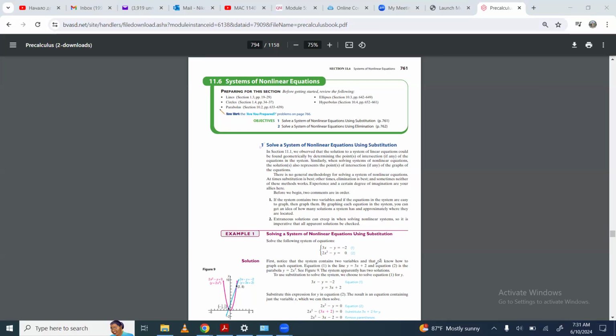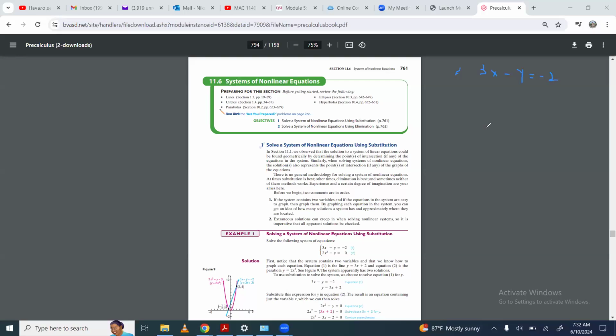We have here a system with two unknowns, x and y as usual. Start with 3x minus y on one side, and this is equal to -2.